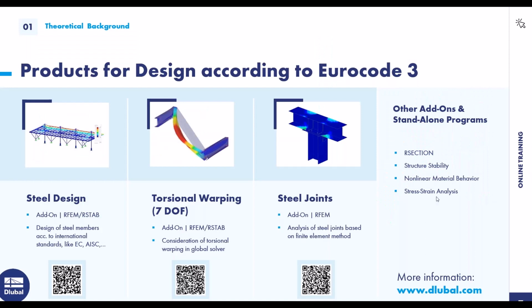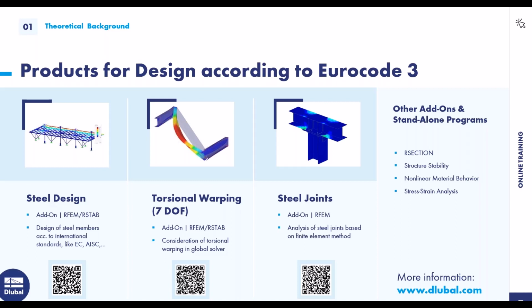At first, I say something about the products for the design according to EC3. The most important add-on is the steel design add-on. With that add-on, you can design steel members according to international standards like Eurocode, AISC, and so on.